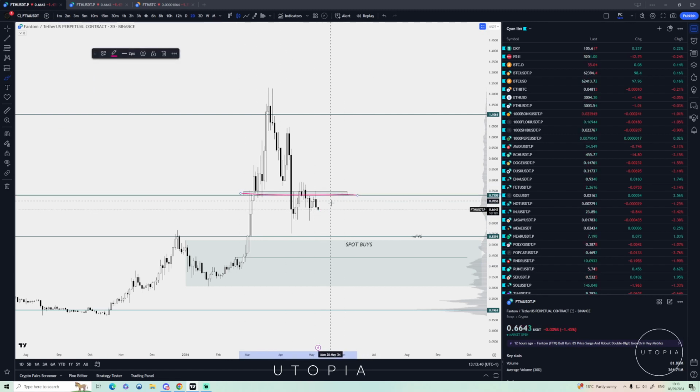Back above 0.73, that could be the nice flip. Look to trade towards that 1.1, or into 0.53. So looking at spot buys and potential longs towards this region here. And if we fail to sweep, if the market starts to move up from here and this range eventually breaks higher, look for that flip back above 0.73, 0.75, and target 1.